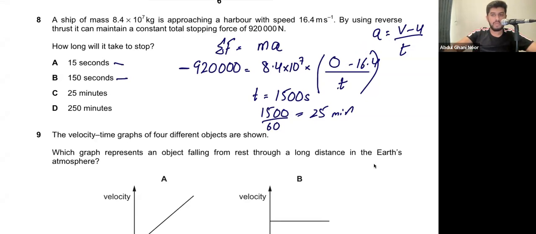Because it is in the opposite direction, आपका ये minus 920,000 हो जाएगा. तो I accommodated for that. आंसर आपका T का 1500 ही आएगा. अगर आप ये भूल जाते हो तो आपका -1500 सेकंड्स आ जाएगा, which is not possible. Clear है? Can't you use the momentum formula? You can use the momentum formula. इसमें ड्राइविंग फोर्स कुछ भी नहीं है. There is only one force acting.